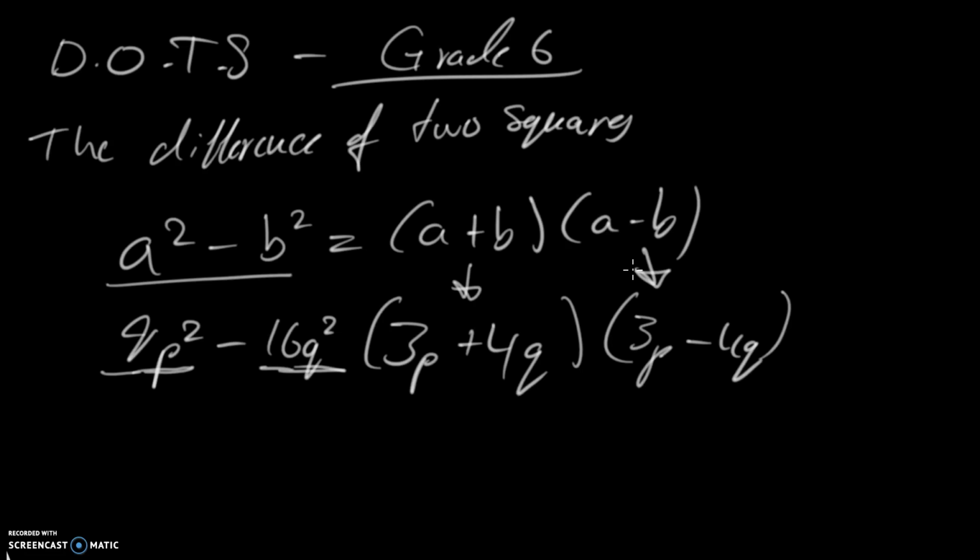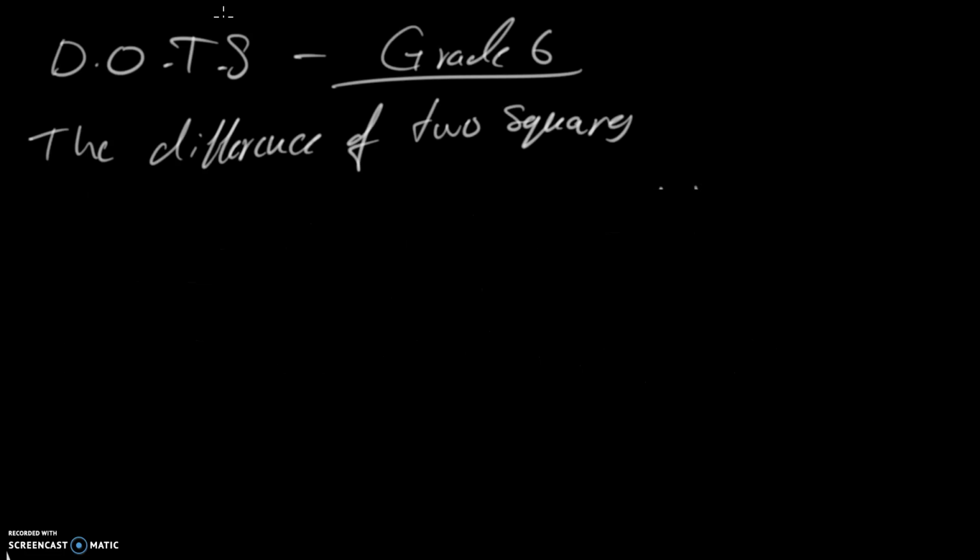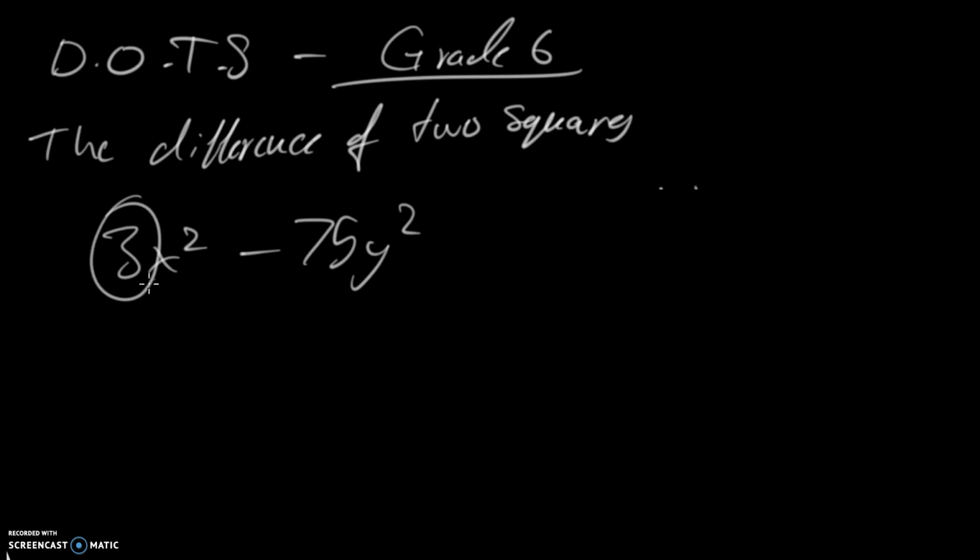Simple. Let's try another example. We have 3x squared minus 75y squared. So here we can see that 3 isn't a squared number, but x squared is.